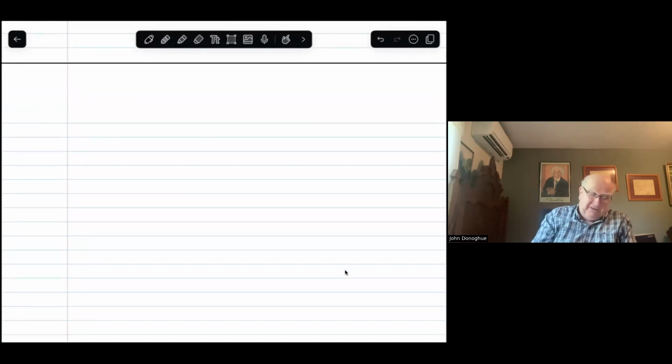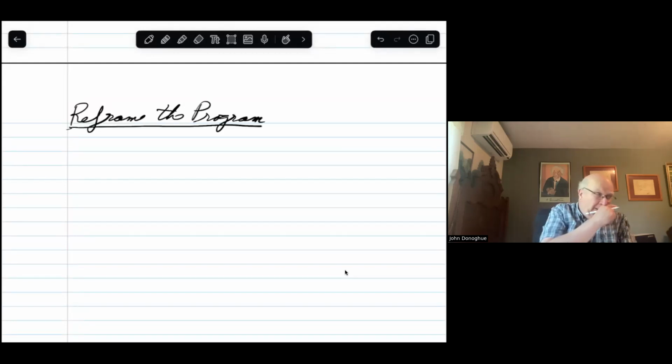So let's start. Let's just reframe the program. The idea here is that we know the symmetries, which is general covariance, and we know the dynamical variable, which is the metric.